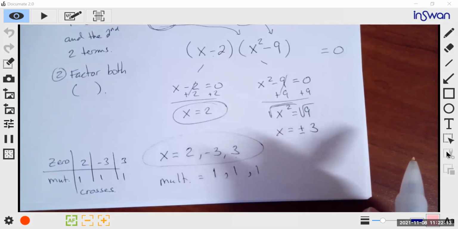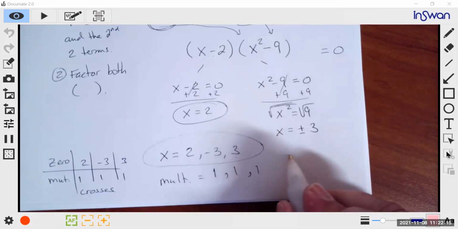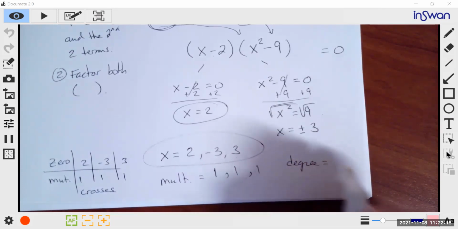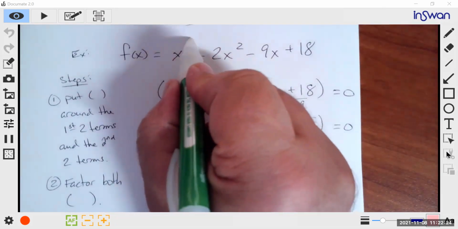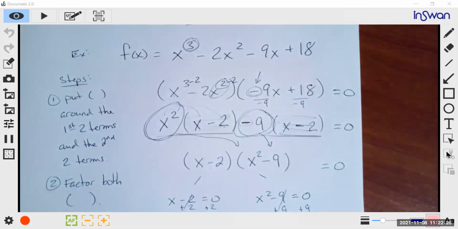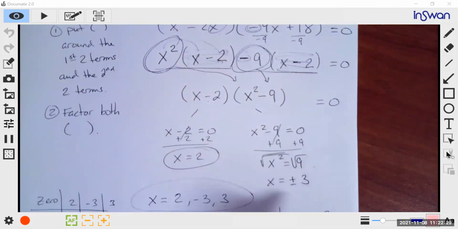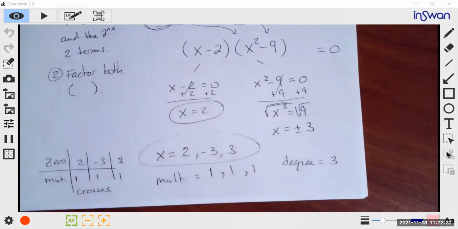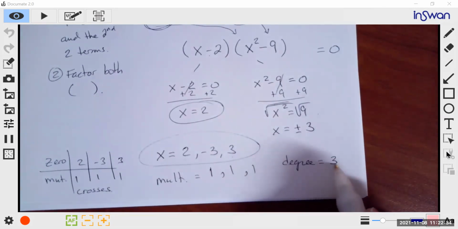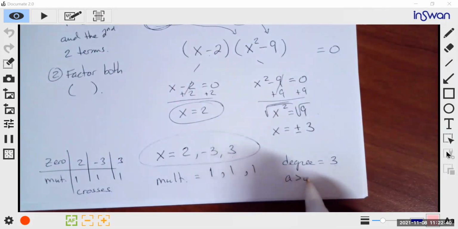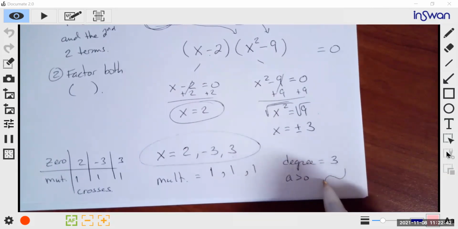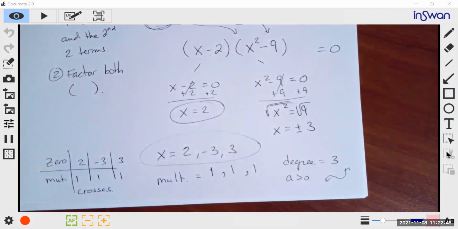What's the degree of the equation? The degree is 3. We'll have 3 answers, which we do, 1, 2, 3. Because the degree is odd and the leading coefficient is positive, the graph will have this basic shape.